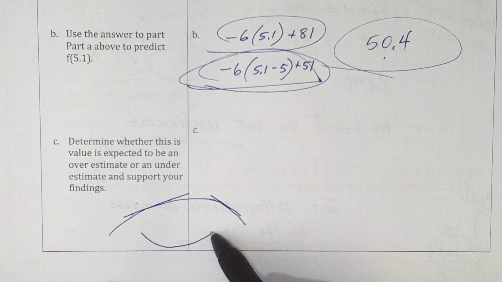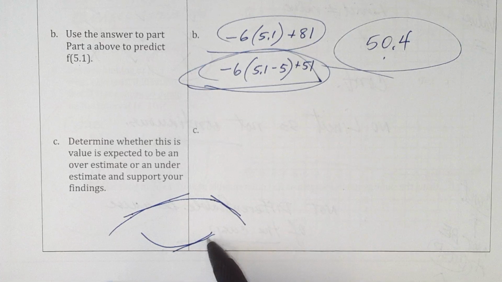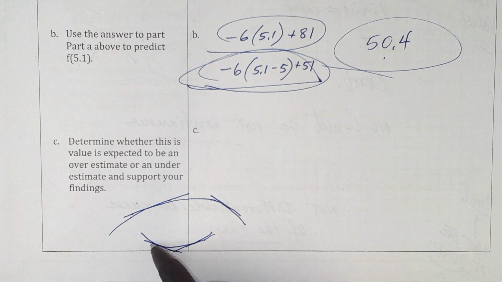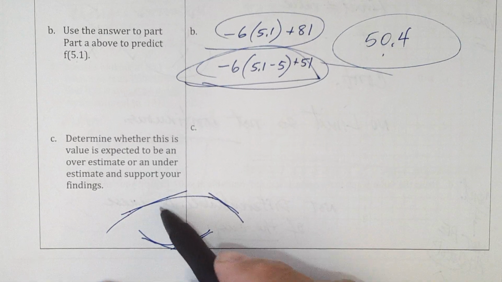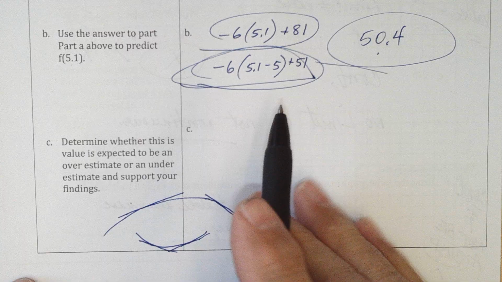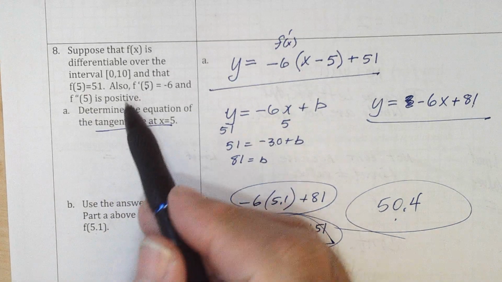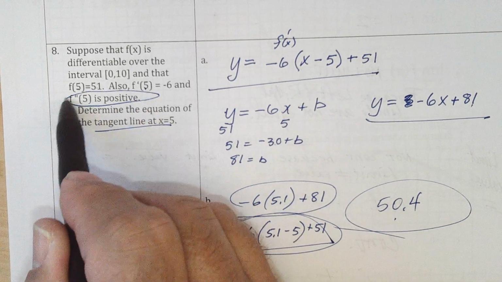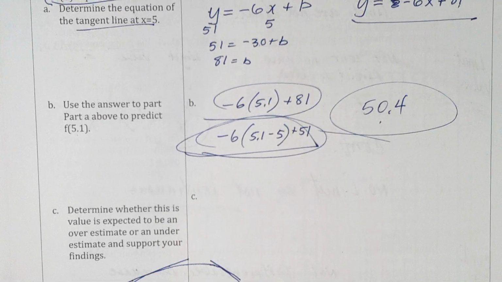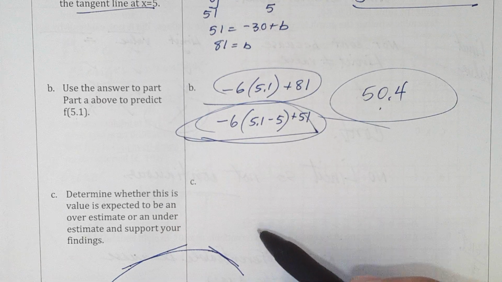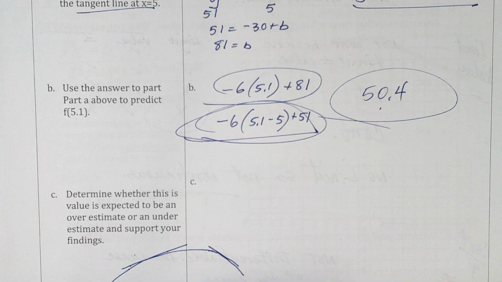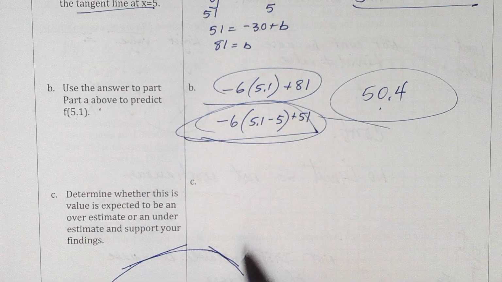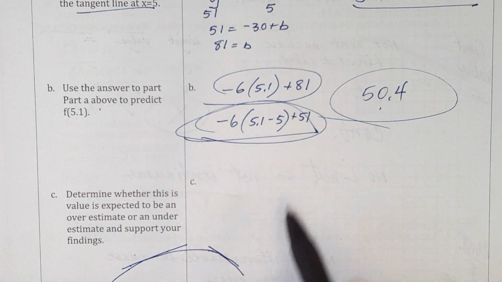If it's concave up, the tangent line is going to have values that are below the curve, no matter where I make the tangent line. So it depends on the curvature. And fortunately, somebody told you the curvature is positive, which means it's concave up. And so the line that we used is going to underestimate the value.